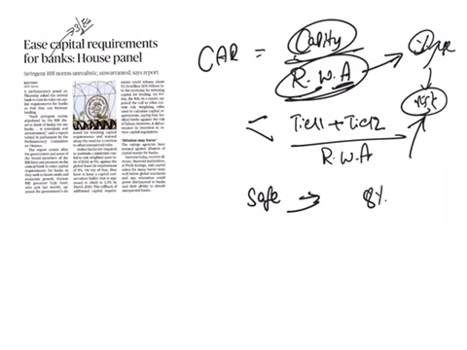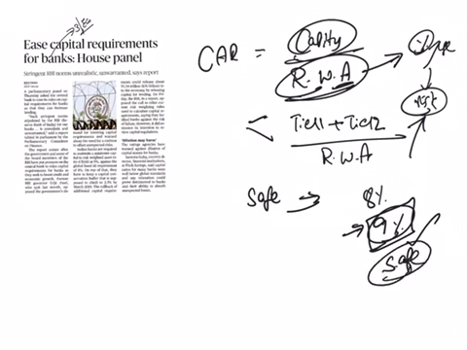And in India, as per RBI norms, Indian scheduled commercial banks should maintain a capital adequacy ratio of 9%. This is the limit up to which will indicate the bank's financial health is safe. If the capital adequacy ratio is below this 9%, then it indicates that the financial health of the bank has worsened.